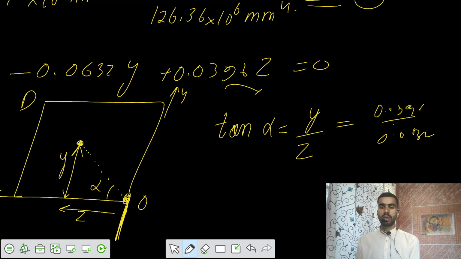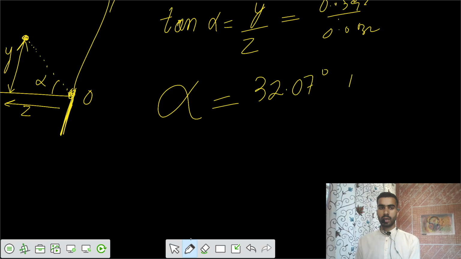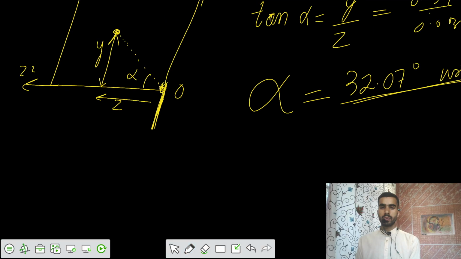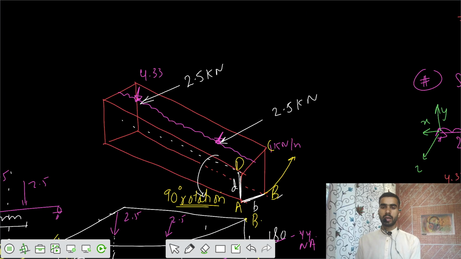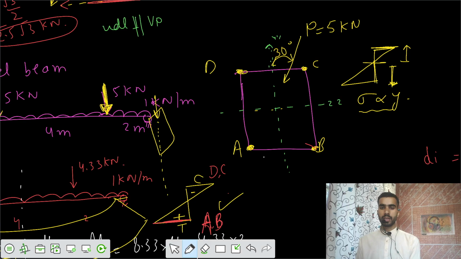So finally the value of alpha equals 32.07 degrees with respect to the horizontal, with respect to the zz axis. That means the neutral axis would be formed at an angle of 32.07 degrees.